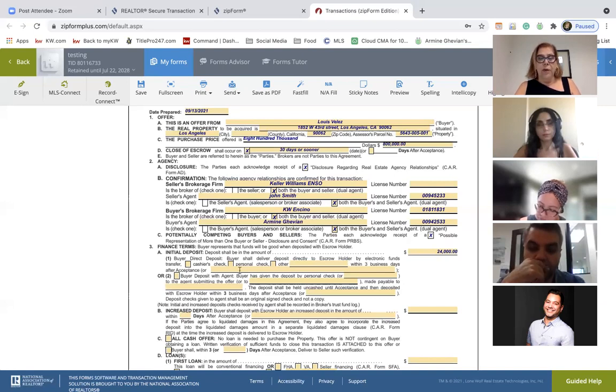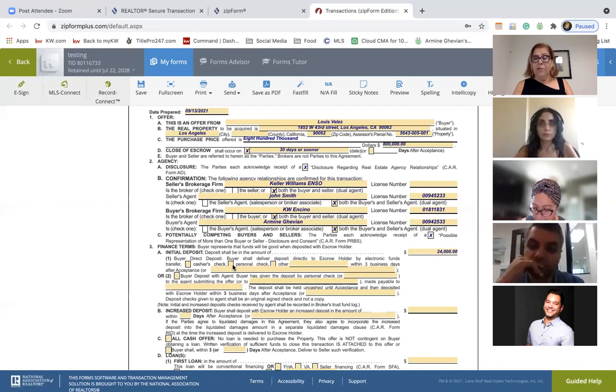You don't need to write anything in here because it already says so, unless the buyer wants to give a cashier's check. Personal check, I will not take it. If the buyer asks me to take a personal check, I will say no, it has to be a cashier's check or wire deposit, because with a personal check, I don't know if there is money in that account.